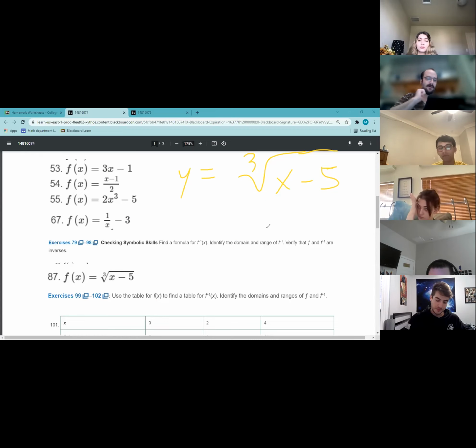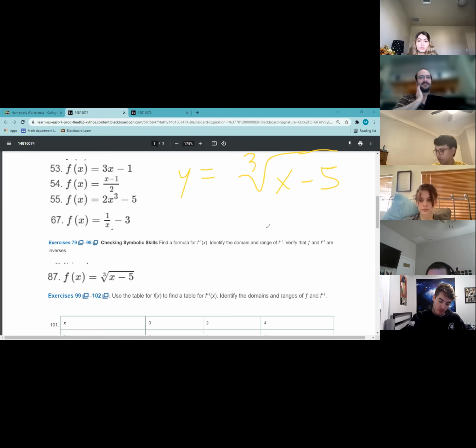So I'll ask you. If this is my original equation, how do I find the inverse? What's the first thing I do? Use substitution.